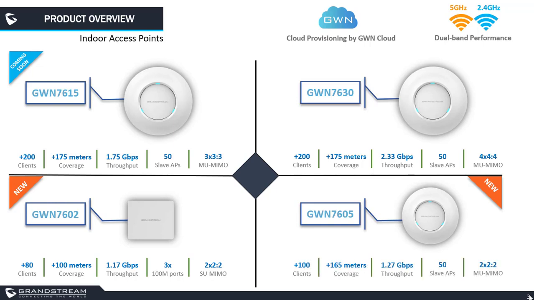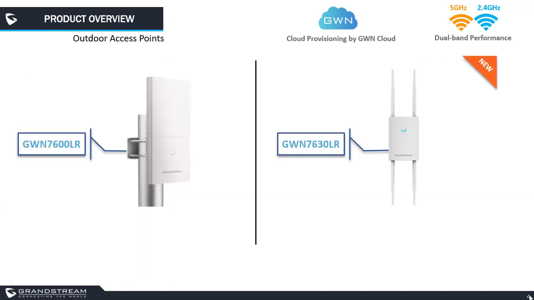And then we have the smaller model, which is the GW1 7605. This one is ideal for small to medium wireless network deployments with medium user density of up to 100 clients. It offers dual band 2x2 multi-user MIMO with beamforming technology and a coverage range of 175 meters.